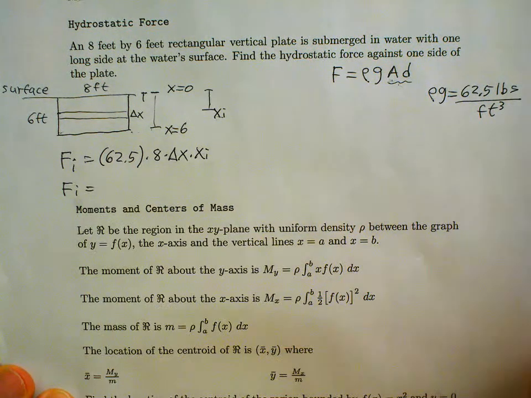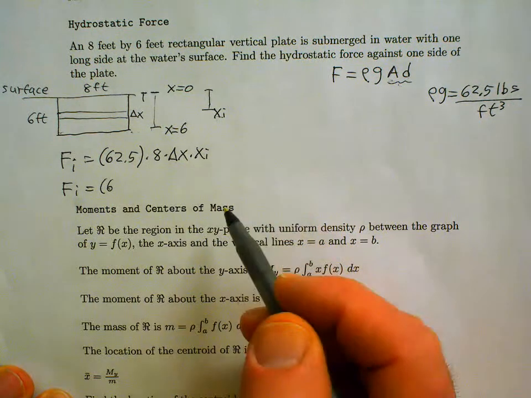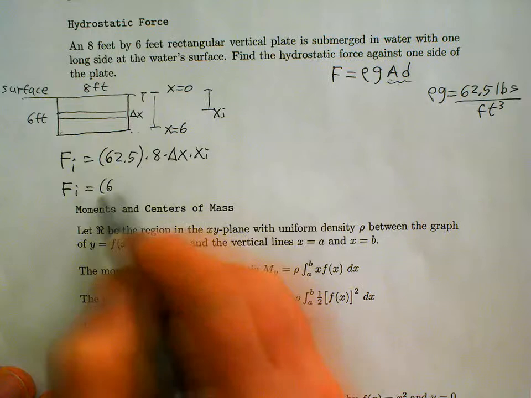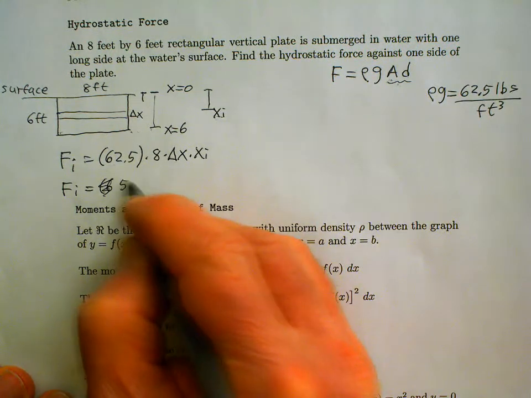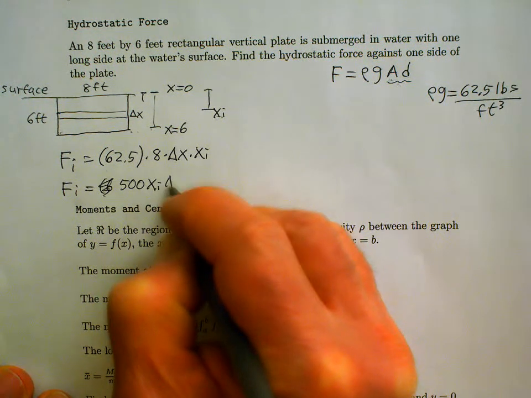And if you would rather write it as, let's see, we can multiply 8 times 62.5. That's just 500. Write it as 500 times x sub i times delta x.